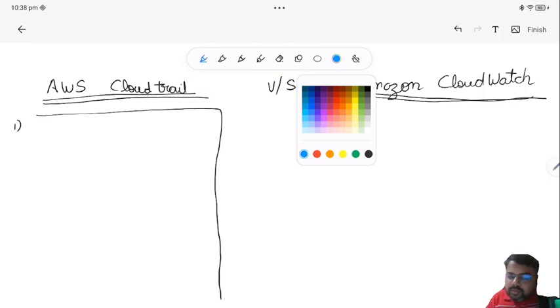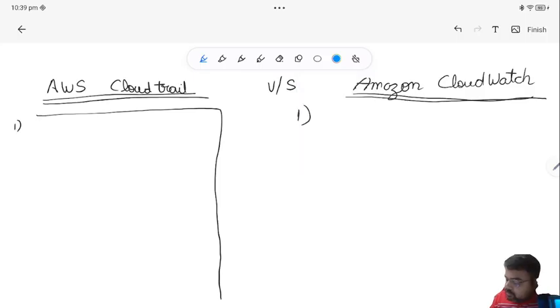So the very first point for CloudTrail is it records API calls for your AWS account.